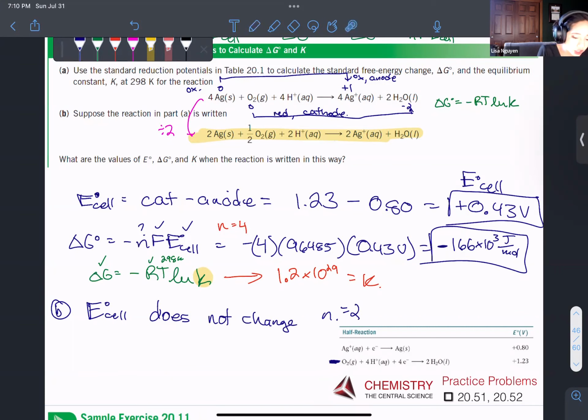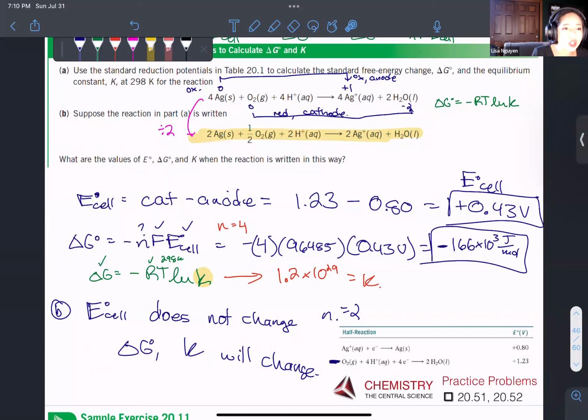So delta G changes: our new delta G value for this second reaction will just be the answer we got, divided by 2. And then when we calculate K, because delta G changed, K changes as well. I'm not going to redo all this work, but you would change the 4 to a 2, because we divided the reaction by 2.